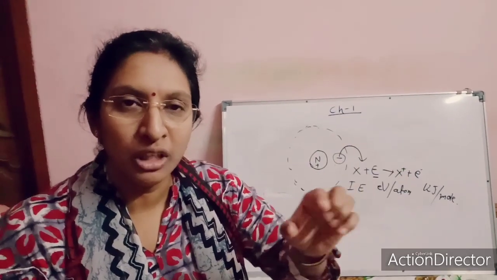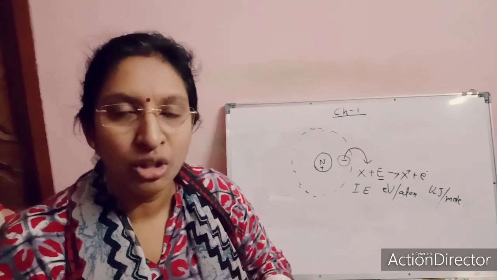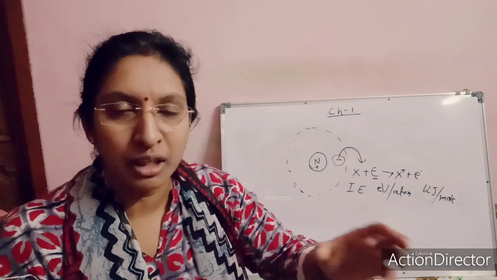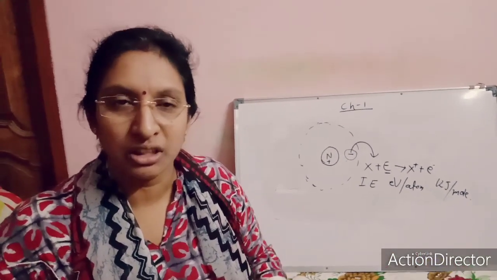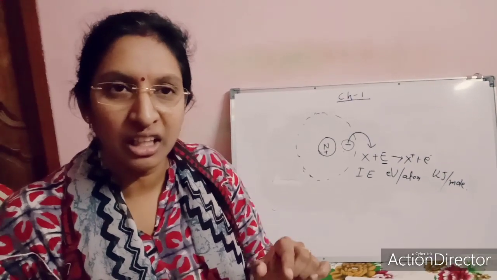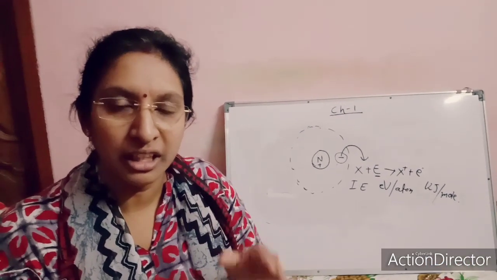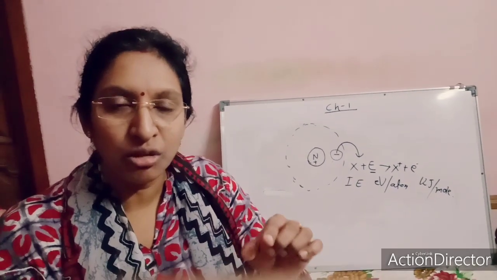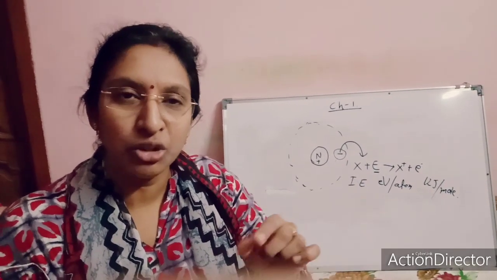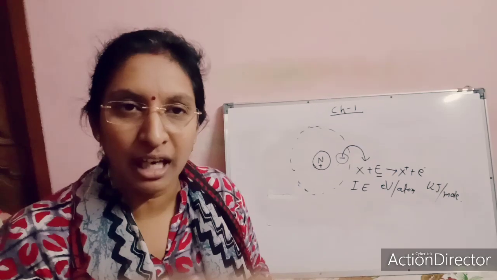Suppose solid, liquid, you have to change it into gaseous form. That amount of energy cannot be included in the ionization potential. Ionization potential is strictly the amount of energy needed to change an isolated gaseous atom into the unipositive ion.